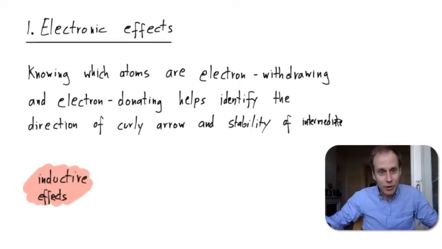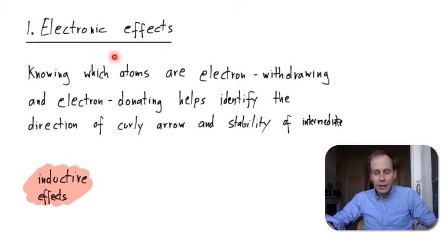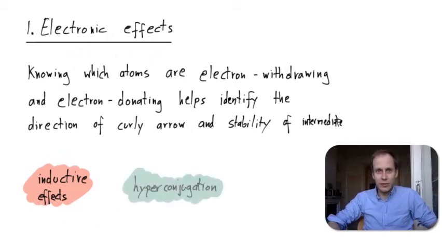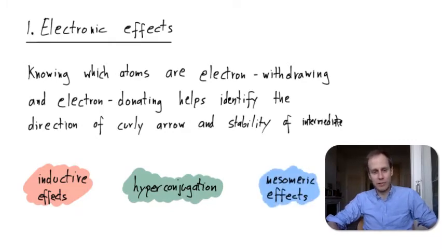Electronic effects can be classified as either inductive effects, hyperconjugation, or mesomeric effects. In the following, we'll talk about these three different types of electronic effects, and we'll start with the inductive effects.